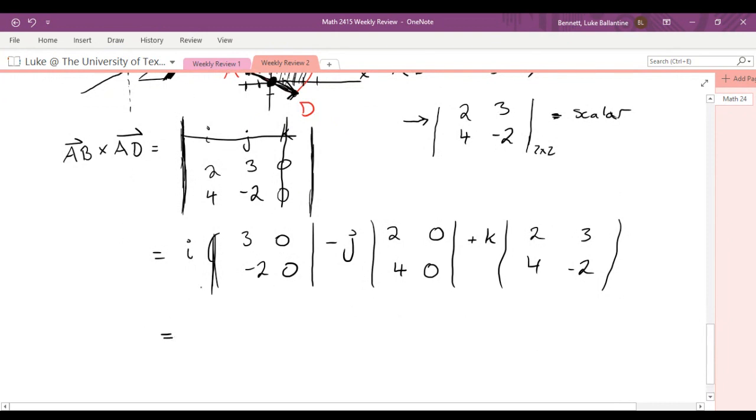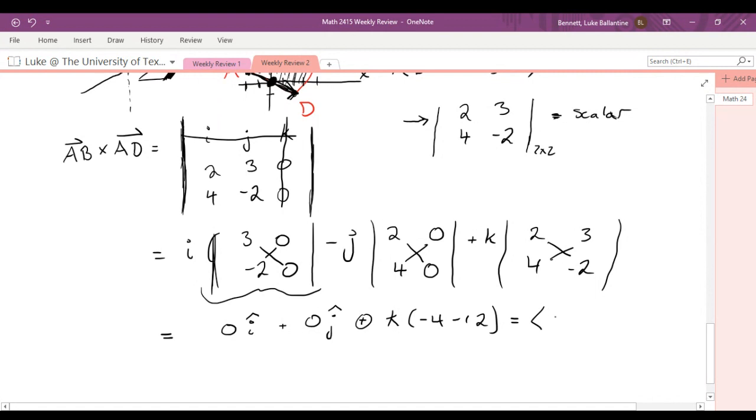So what do you notice about this determinant? We have 3 times 0, negative 2 times 0. That's 0i. 2 times 0, 4 times 0, plus 0j. Negative 4 minus 12. So our vector output is 0, 0, negative 16.